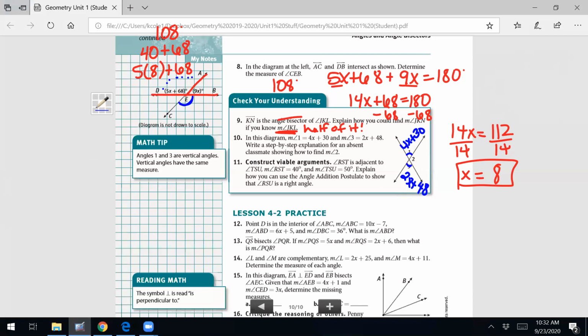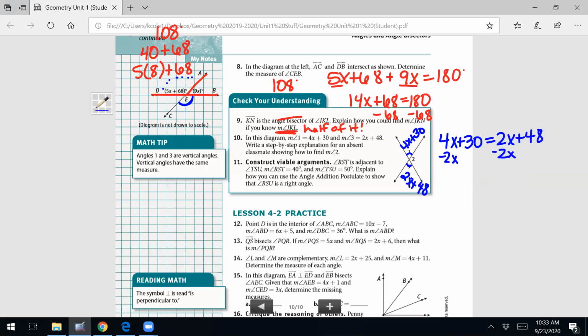It goes on to say, write a step-by-step explanation for an absent classmate on how you would find the measure of angle 2. Well, since you know that those two are going to be congruent to one another, you could set them equal to one another and solve for x.